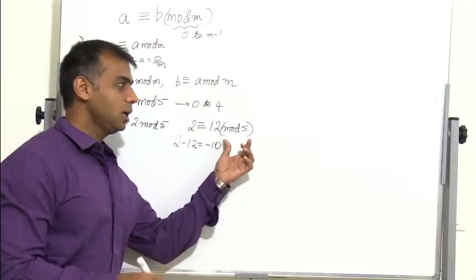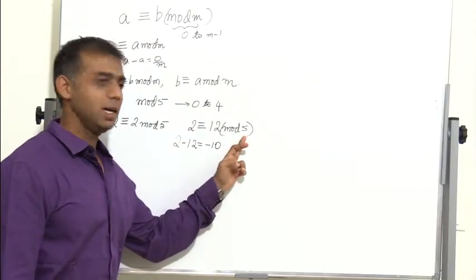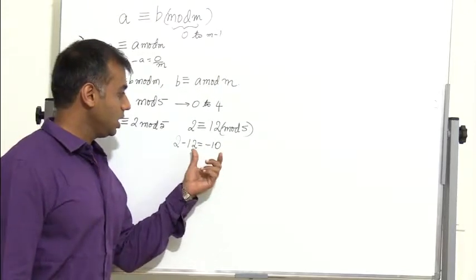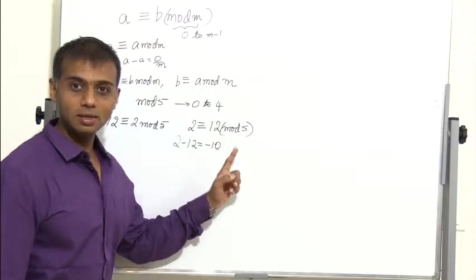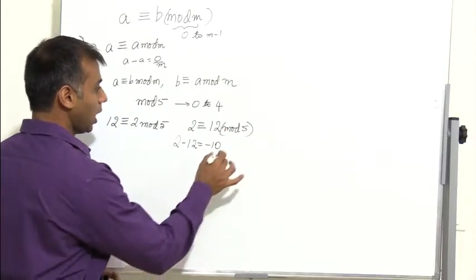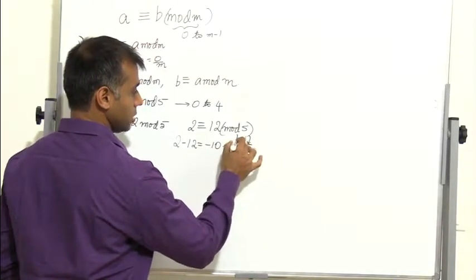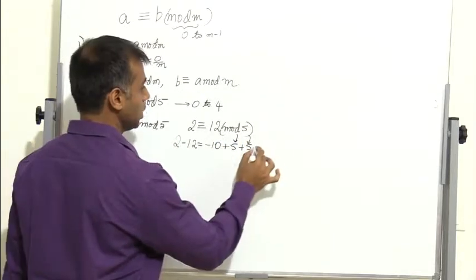Now whenever we are operating in modular arithmetic, if I have mod 5 and we get a negative number, what we need to do is add the mod value m till we get the first positive number. So I go on adding 5. So 5 minus 10 would be minus 5. I add 5 again, so I get 0.